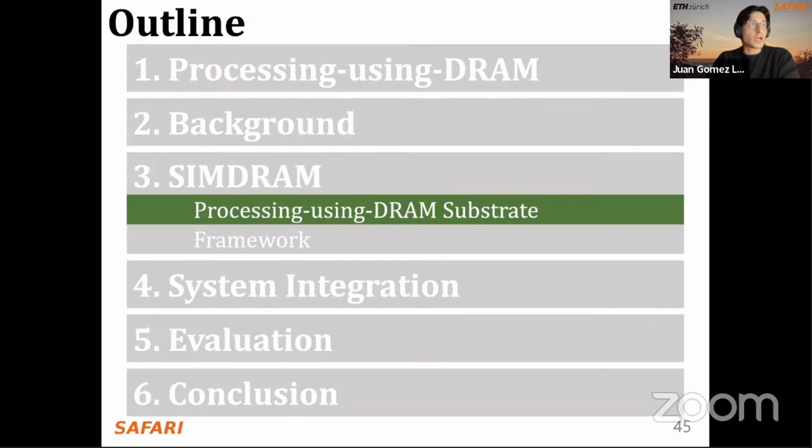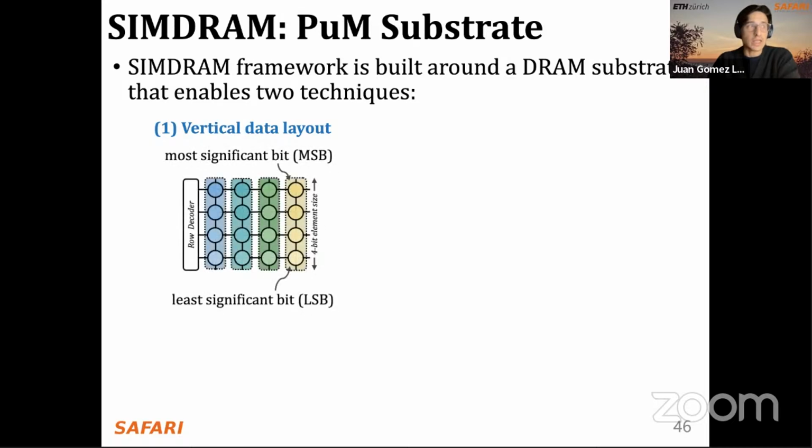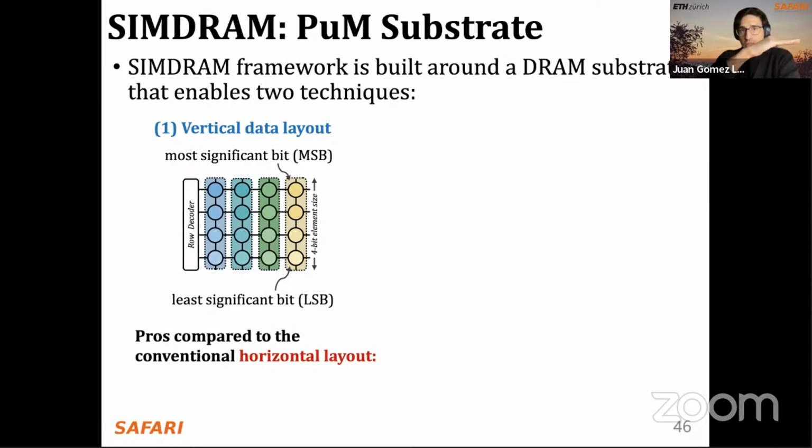And we are going to talk about the substrate itself, the hardware that we are using. SIMDRAM is based on two key techniques. The first one is to place the data vertically, with a vertical data layout. Instead of using a horizontal layout, which is common in today's systems, placing bytes and words horizontally, we are going to place them vertically.